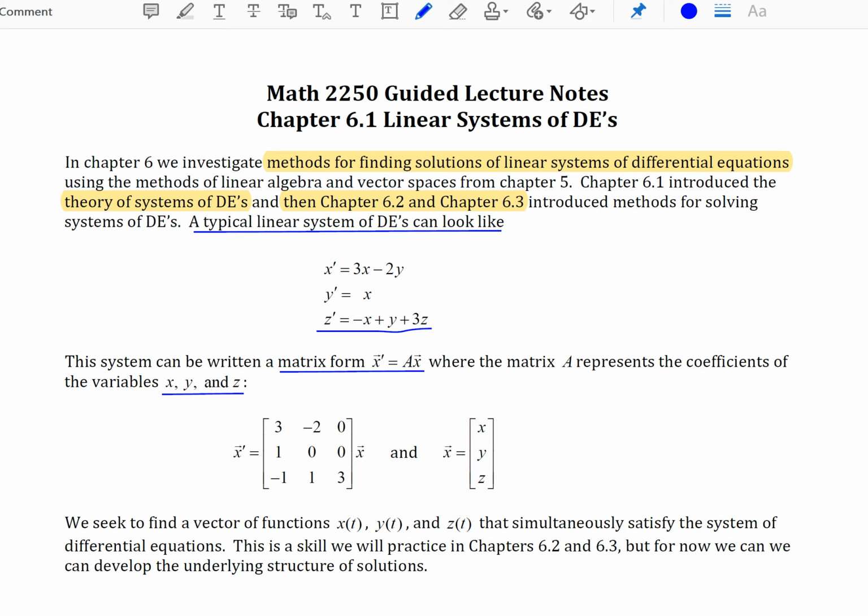So if we let the vector x be the functions x, y, and z, then x prime is going to be your left-hand side, and the right-hand side can be written as the product of your coefficient matrix times your variable x.